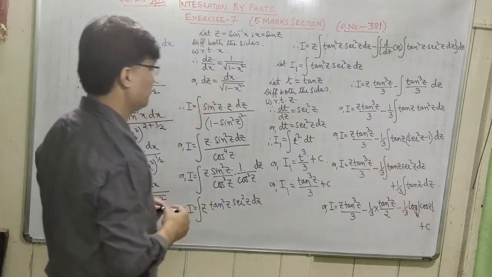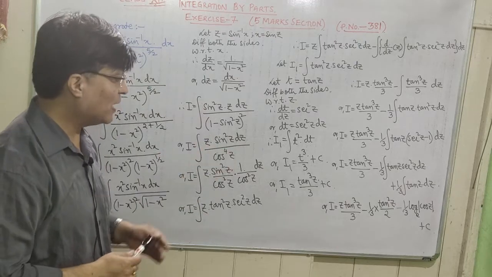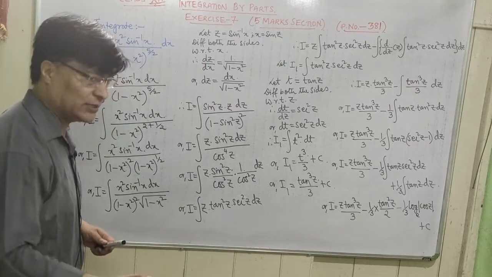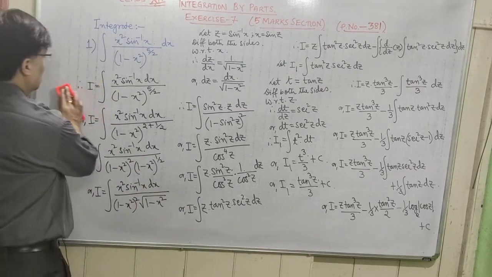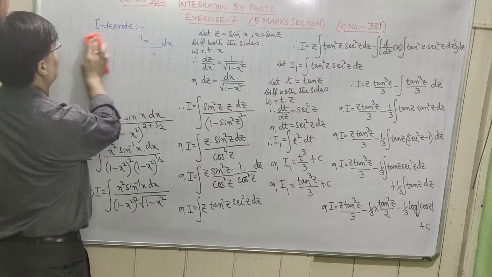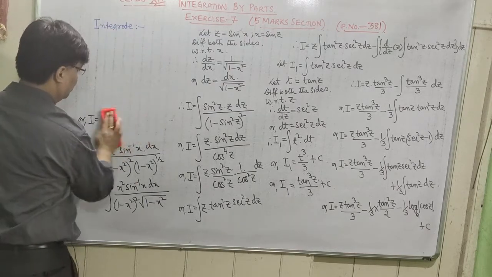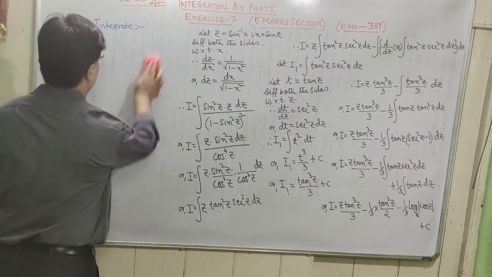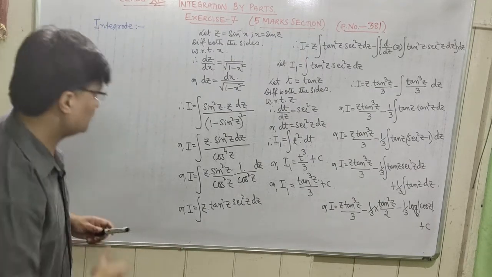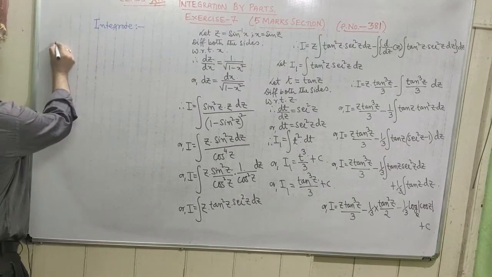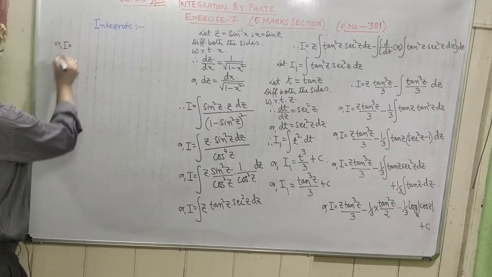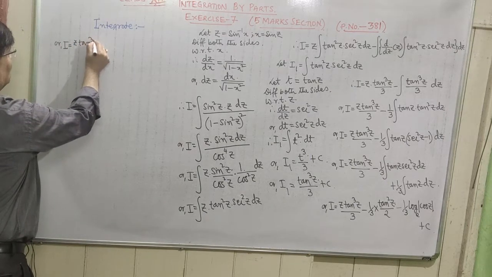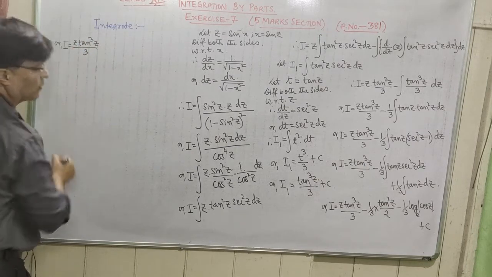Plus c. So this is the value for I, but it is in terms of z, but you should write it in terms of x. Okay. So let us write down the next step out here. So I is equal to z tan cube z upon 3, right?